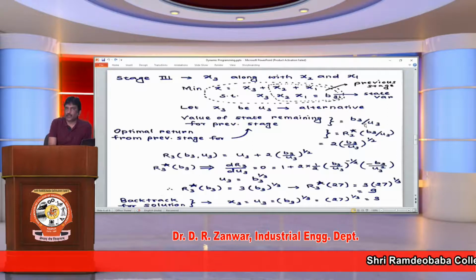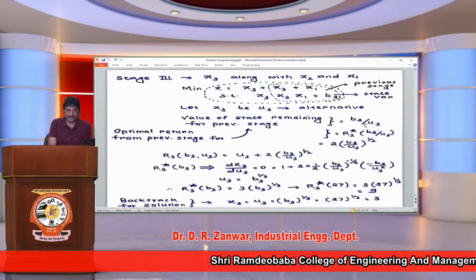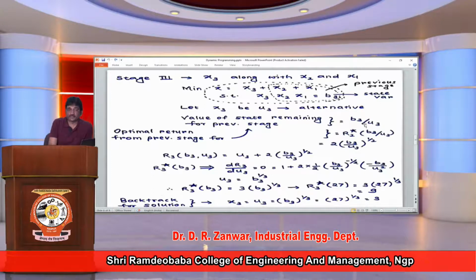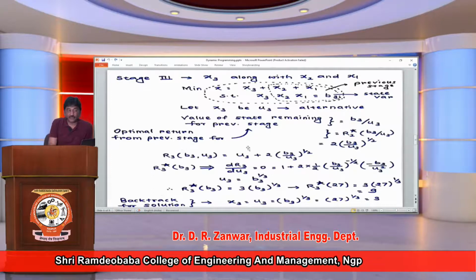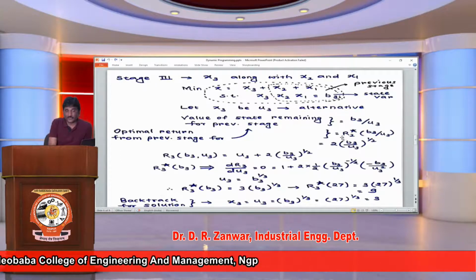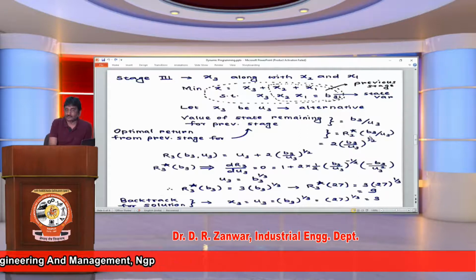Now that I know the value of state remaining for previous stage, I need to find the optimal return from previous stage for that remaining value of state. So this is stage number 3. I have to find the optimal return for previous stage, that means f2 star for the remaining value of state, that is b3 by u3.